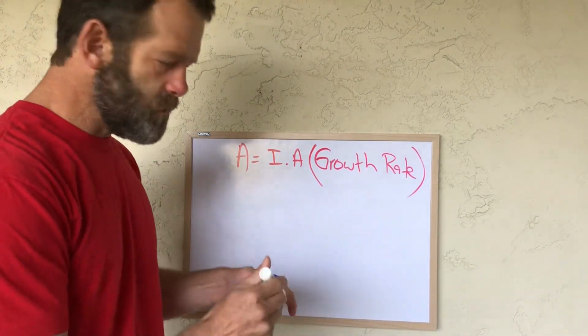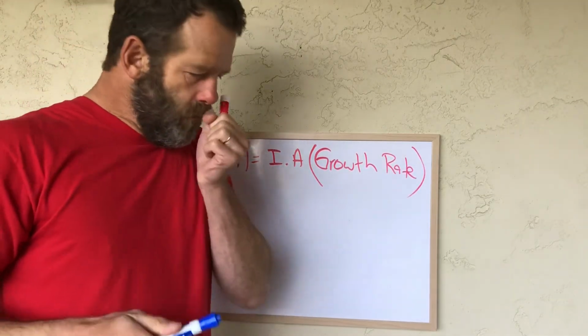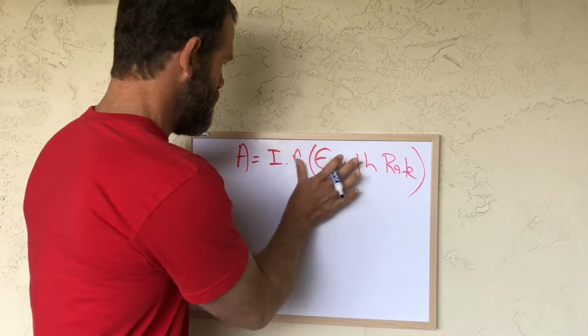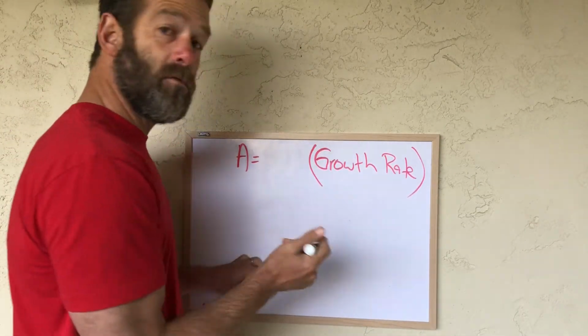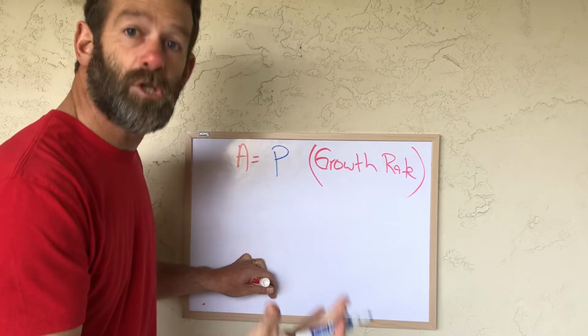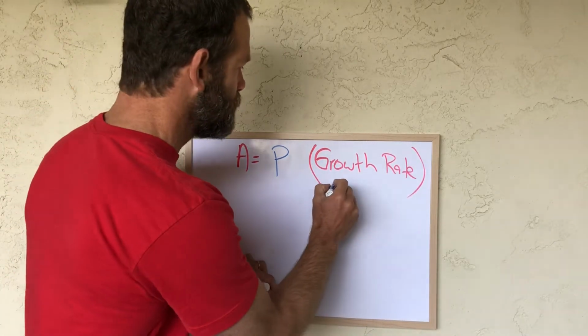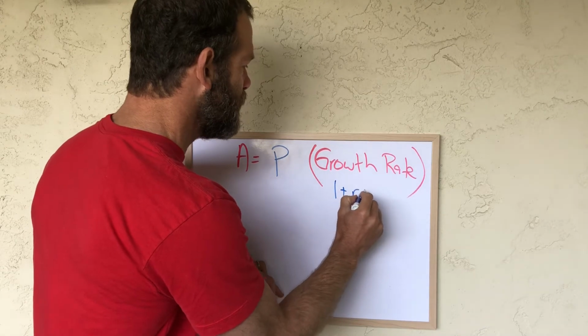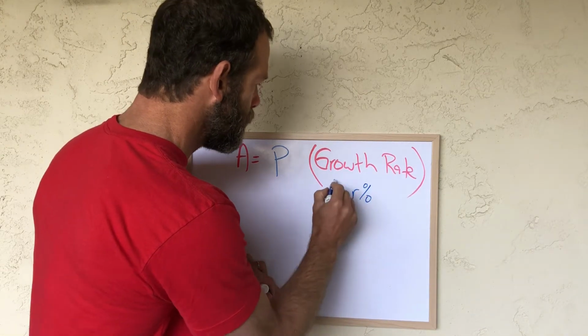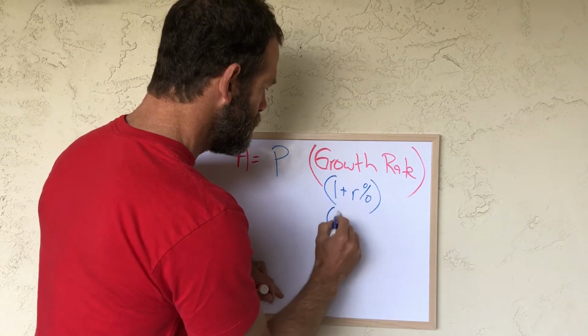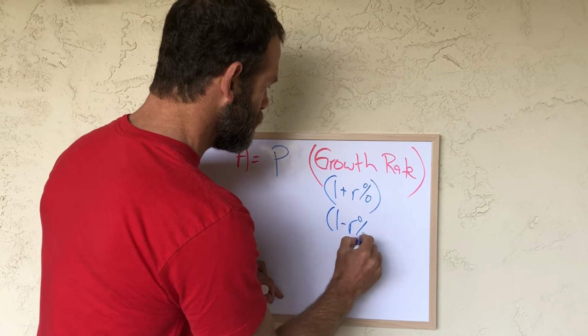Now, your initial amount for formula reasons is called your principal, what you start with. Your growth rate is always 1 plus your interest rate percentage, or 1 minus your interest rate percentage.